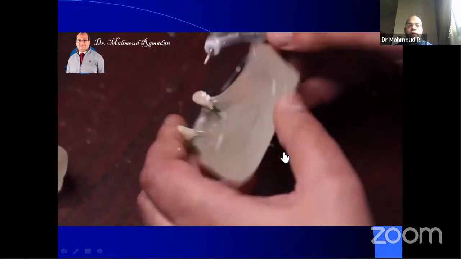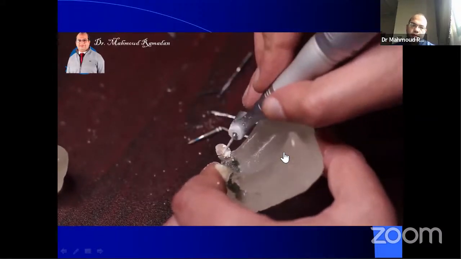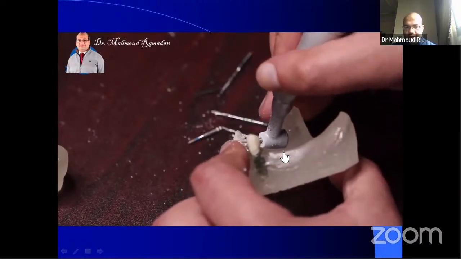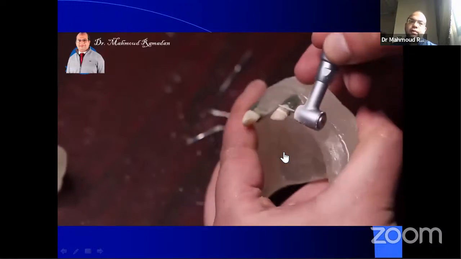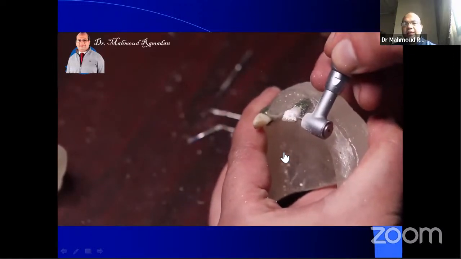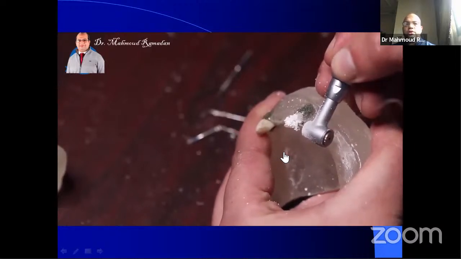Here we start by making the bevel. If we decide to make the coping height 3 mm, we make the bevel at 4 mm to give us a space, an extra guarantee that we don't reduce it too much.